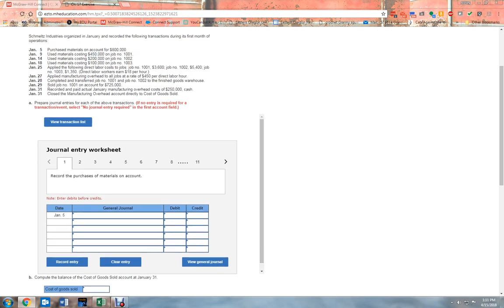Okay, so first, we're going to record the purchase of materials on account on January 5th. Where does that go? If we purchase materials until we use it up, that is materials inventory. We purchased it on account, so start with our debit. This is why we make you take financial first. An inventory account, to increase it, is a debit entry.